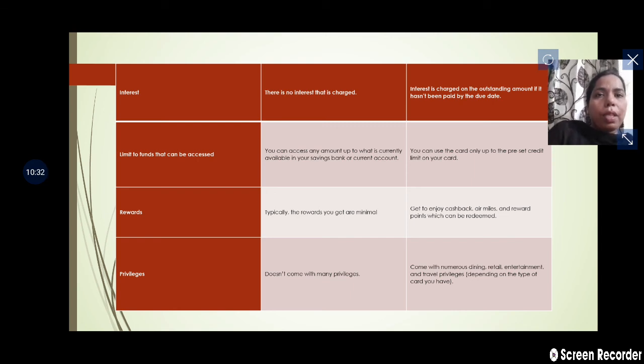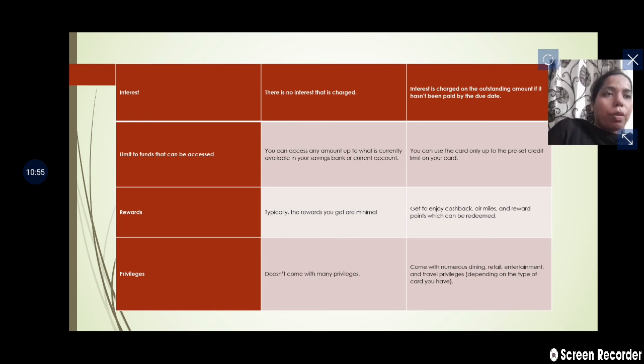The gist is that in the case of the debit card, it is the money of an individual which he can utilize. The rewards are minimum, the privileges are minimum, and there is no need to pay interest. But in case of the credit card, this is borrowed funds, and the limit is fixed. The individual cannot spend beyond that fixed limit.